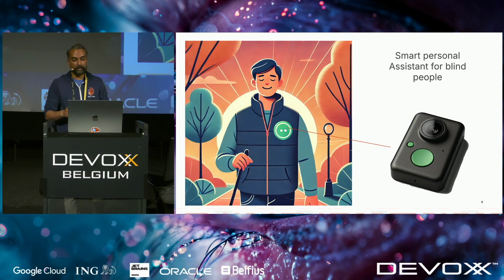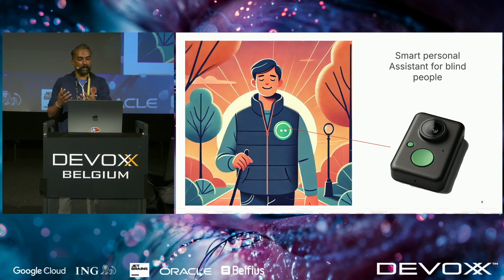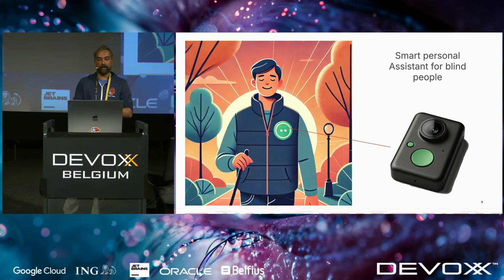And then an integrated speaker so that the device can read aloud, speak to the blind user, so that they can hear. Ultimately, this device can be made wearable by attaching it to some kind of a vest, so that a blind person can wear it and take it wherever they go, and this can come with its own power source and connectivity as well.